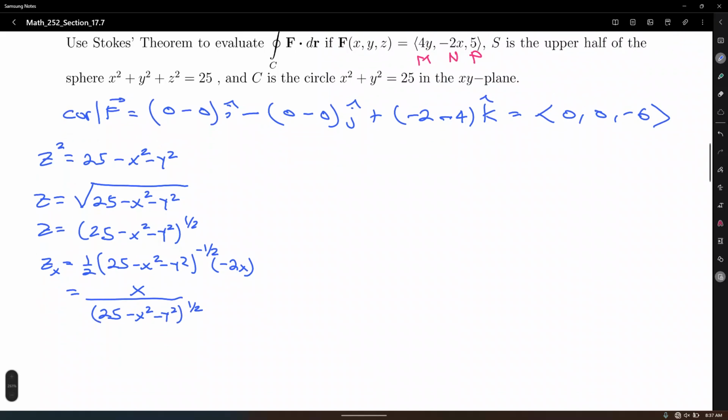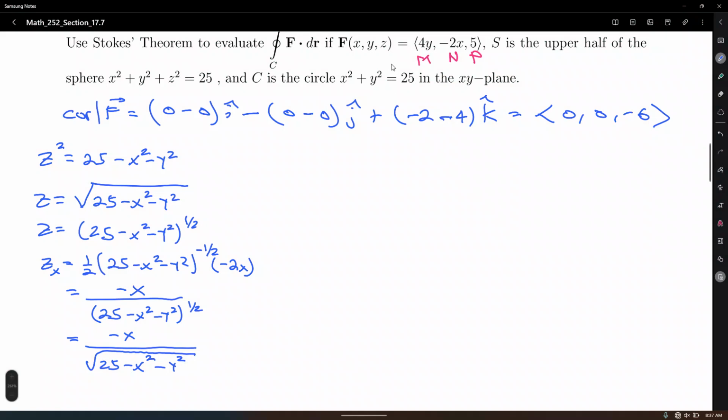And you might want to come back to radical form. That is x over the square root of 25 minus x squared minus y squared. So we needed a chain rule. It's also negative, by the way. Don't forget the minus. I forgot the minus. You guys don't forget it.